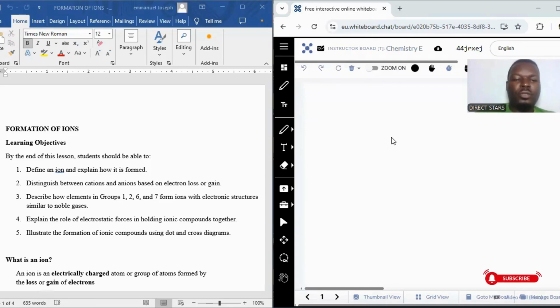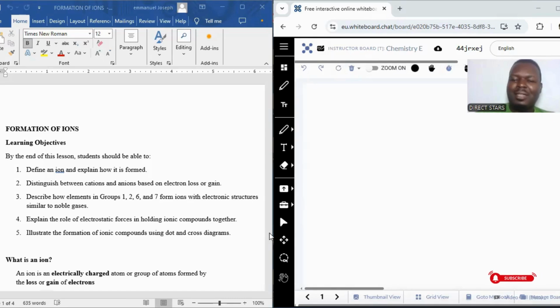We'll also describe how elements in group 1, 2, 6, 7 form ions with electronic structures. We'll also be looking at some of the electrostatic forces responsible in holding ionic compounds together. And we'll be doing some illustrations.